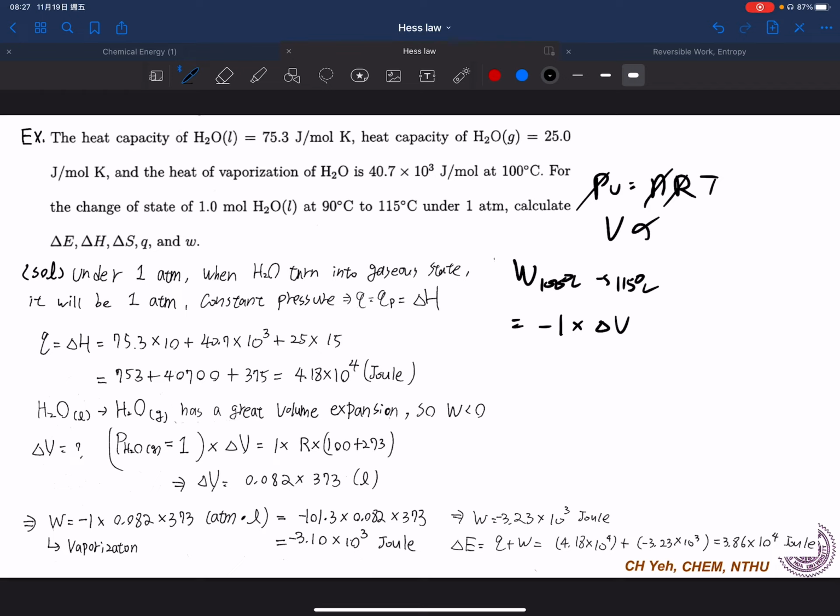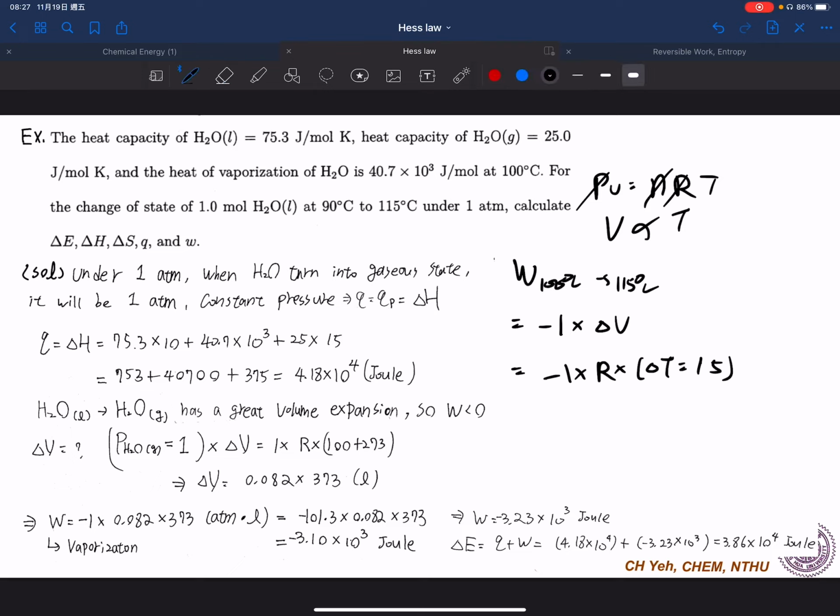So the volume will be proportional to the temperature change. So we can write negative 1 times R times the delta T, from 100 to 150. I think this is very simple.